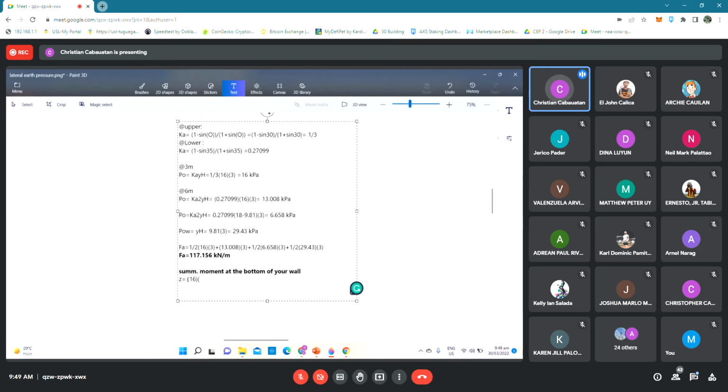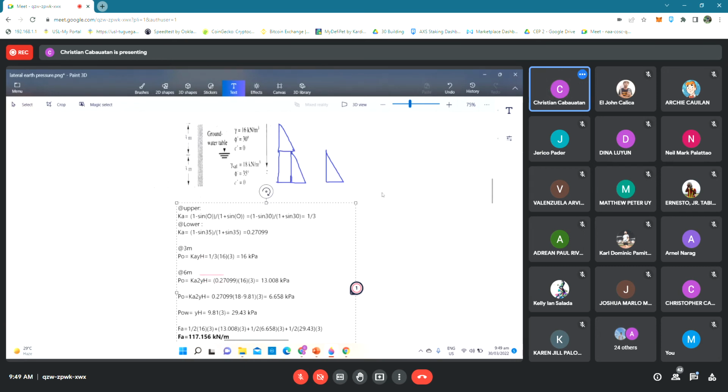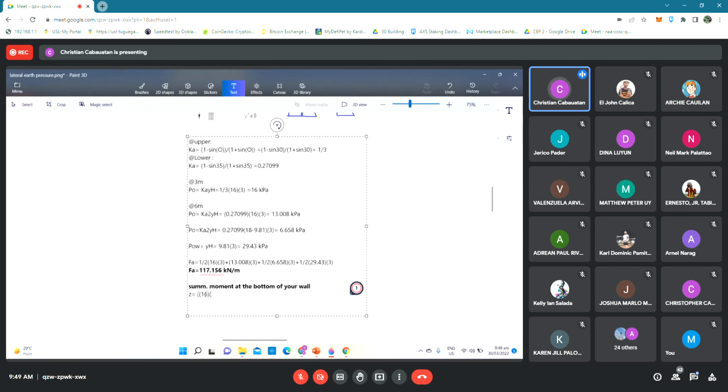Therefore, it is 16 times the value, which is your, hindi pa. Hindi pala to. Ano yung value ni 1/2 16 times 3? Ano yung value niya? Your area, yung dun sa FA1.